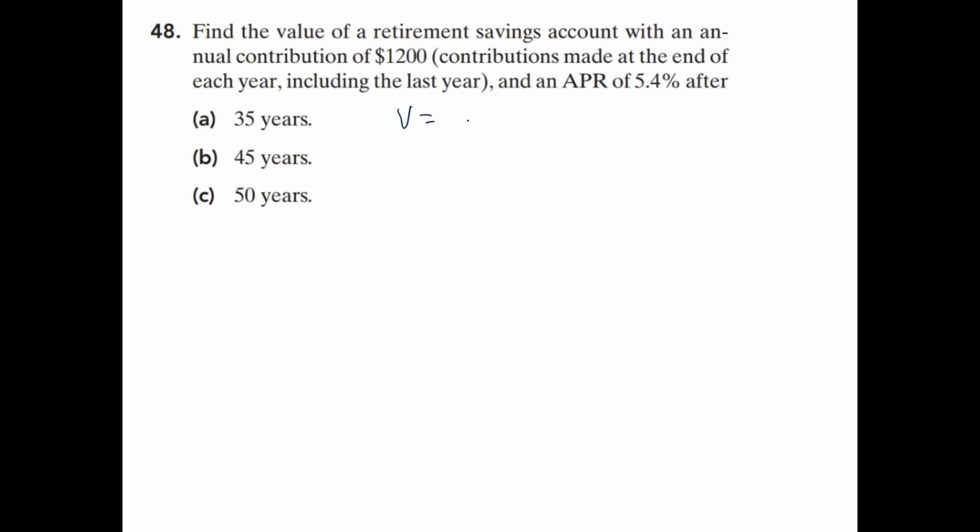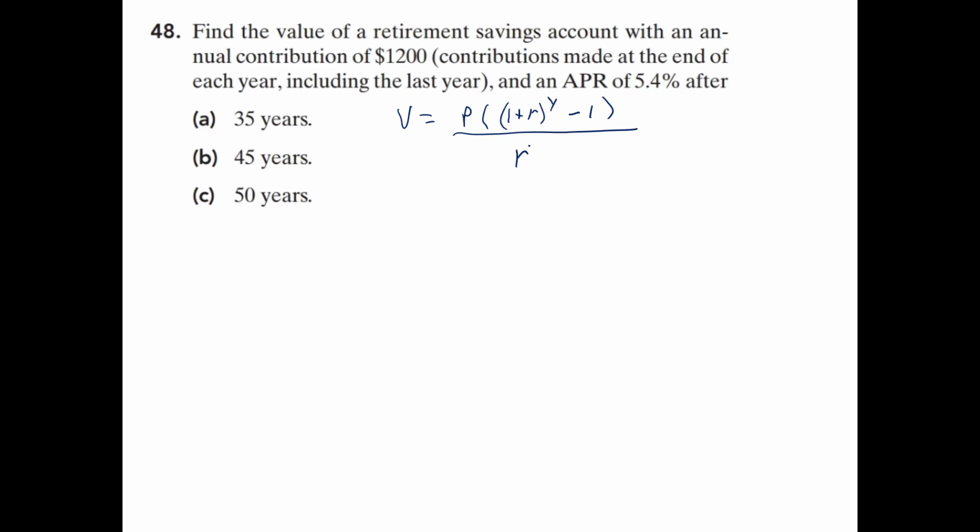V is equal to your annual payment into your retirement account, times 1 plus r, to the y, number of years, minus 1, all divided by r.